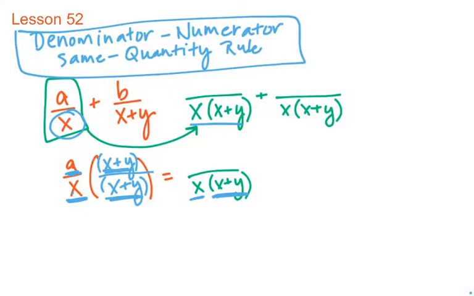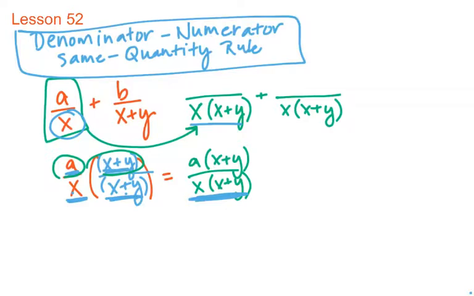So the x times the x plus y can just be rewritten like you see here in the denominator. And then the numerator will become a times x plus y, because we multiplied this a times this x plus y. So that created this new fraction.